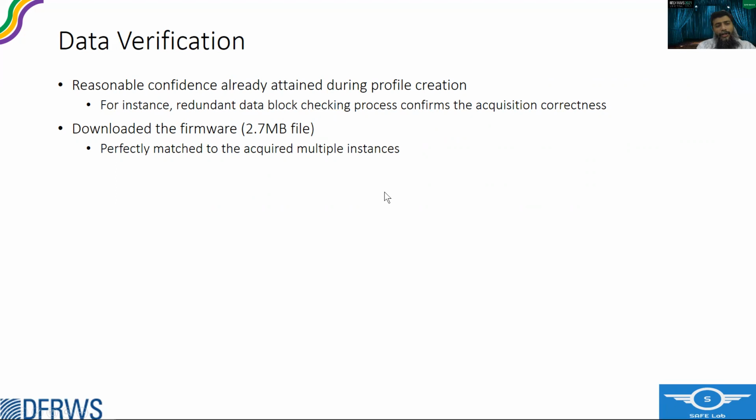But we also downloaded the firmware from the vendor's website and then matched it against the multiple instances that we were getting in the memory. And we perfectly matched them. We also did an exercise of acquiring data across the memory, all different regions over multiple restarts, and the result was 100%.